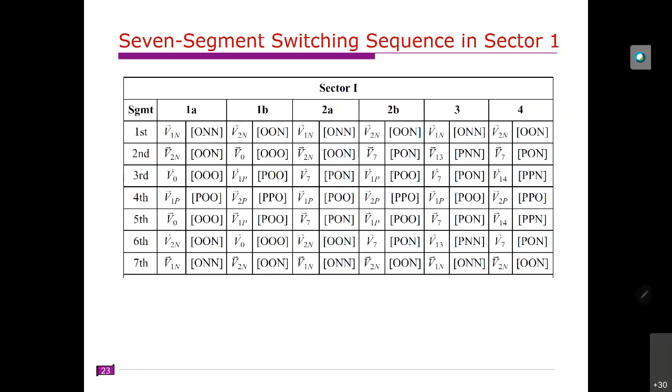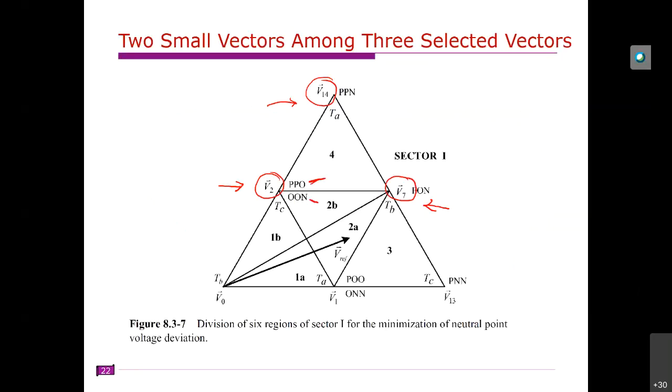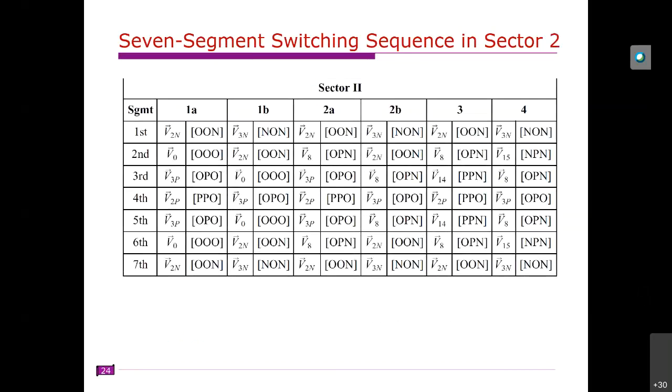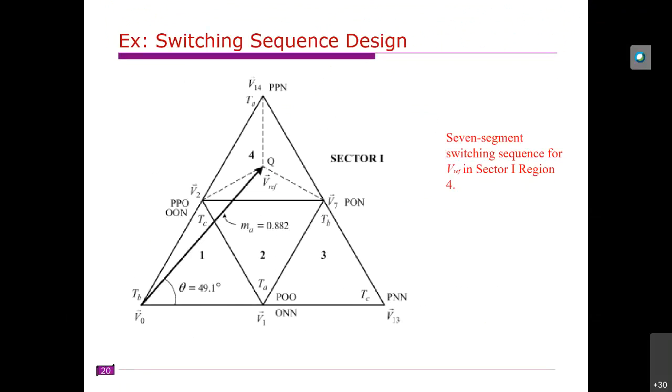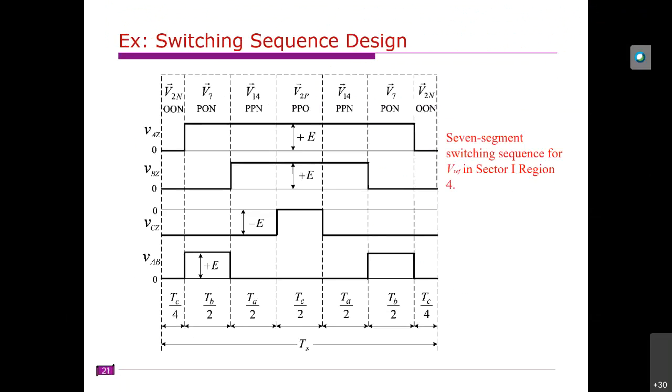So let's see how this switching is designed. This is N type. What they did is, for P type, this is a 7 segment switching sequence.